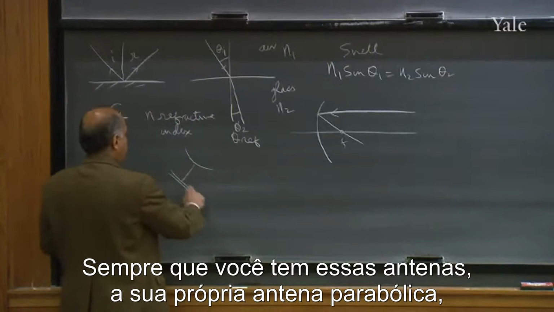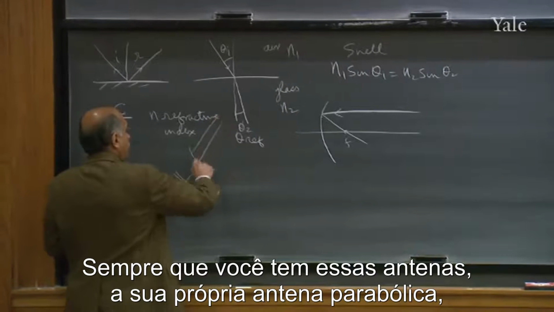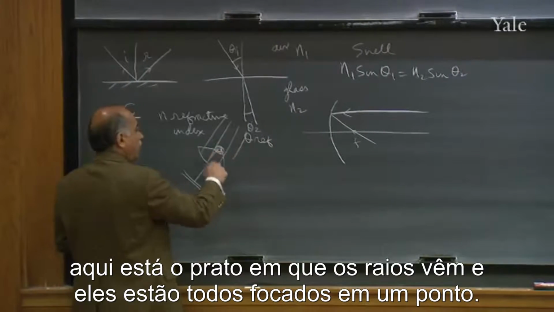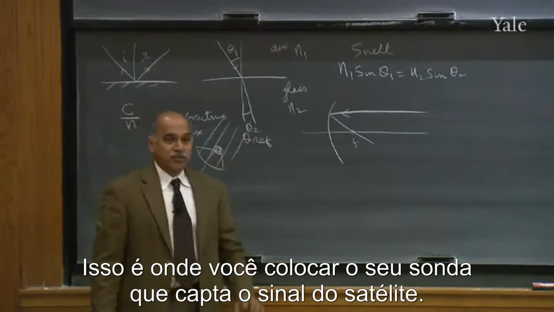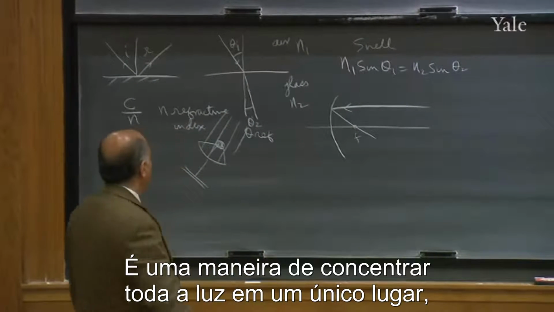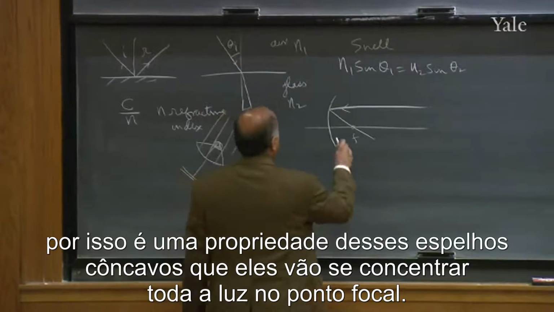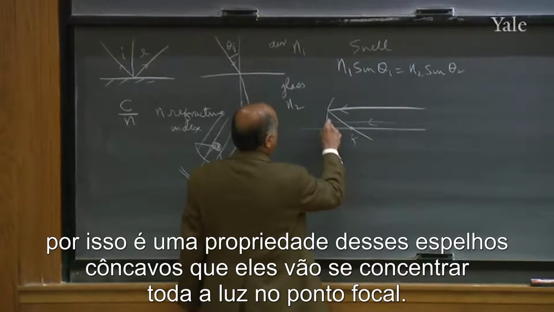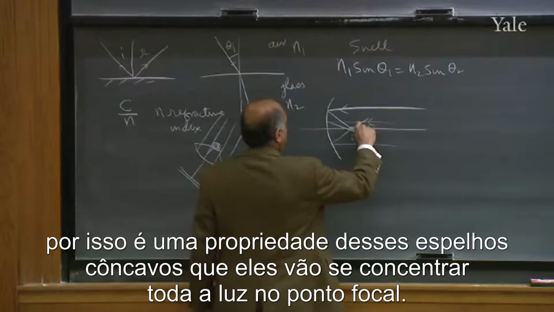Your own satellite dish is a dish in which the rays come and are all focused onto one point. That's where you put your probe that picks up the signal from the satellite. It's a way to focus all the light into one place. So it's a property of these concave mirrors that they will focus all the light at the focal point.